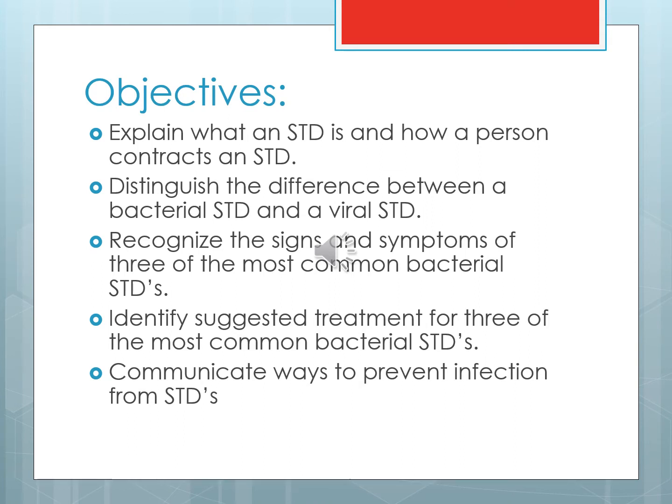You should be able to recognize the signs and symptoms of the 3 STDs which we will be talking about today. You should be able to identify suggested treatments for these 3 STDs as well. And finally, you should be able to communicate ways to prevent infection from any STD.